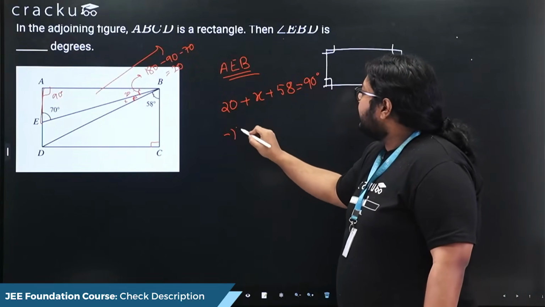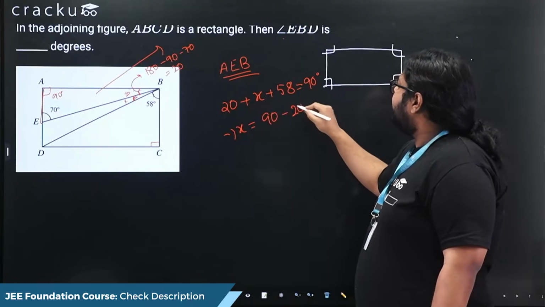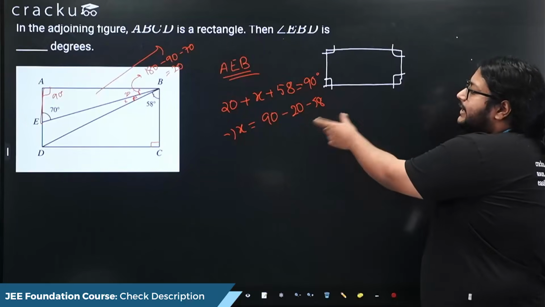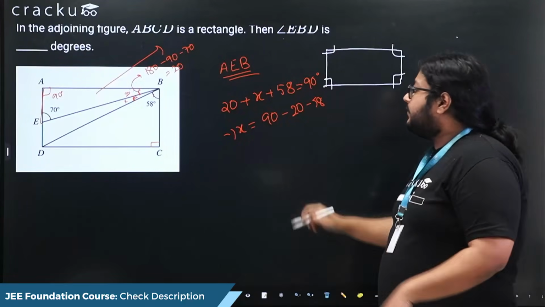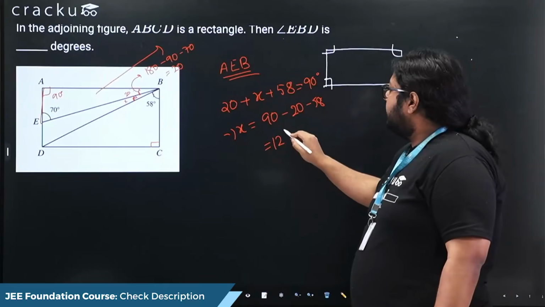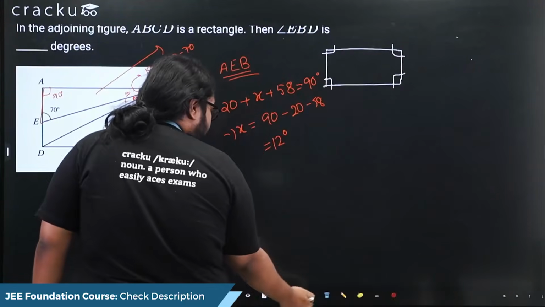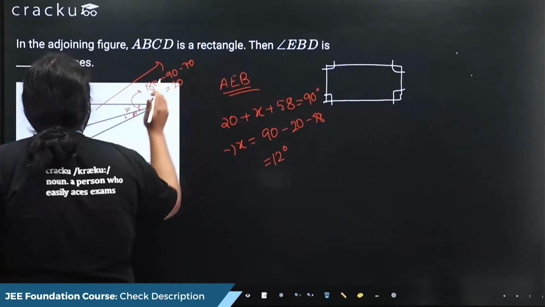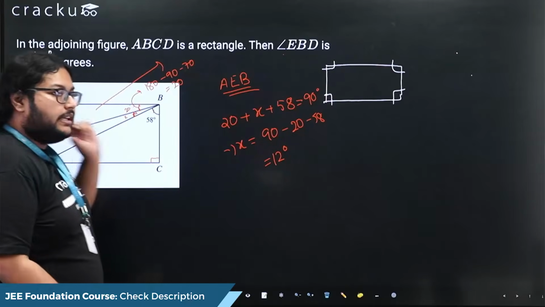That gives me X is basically equal to 90 minus 20 minus 58. So 90 minus 20 is 70. 70 minus 58 is 12. So the angle EBD is basically equal to 12 degrees. So 12 is the answer here.